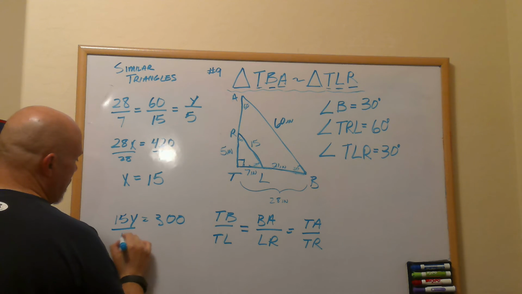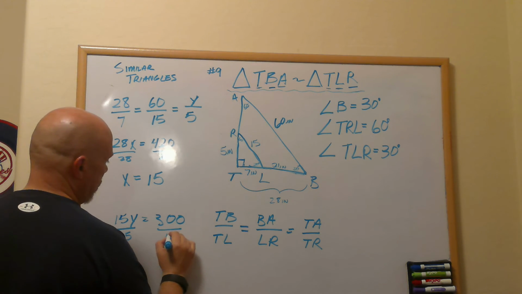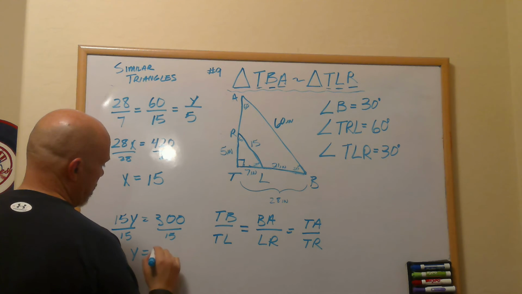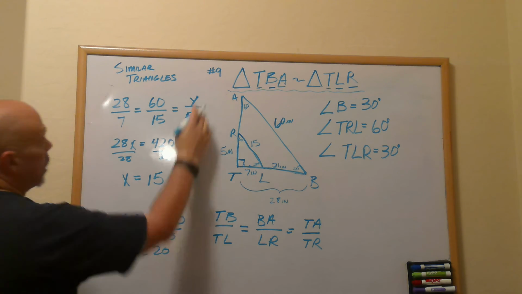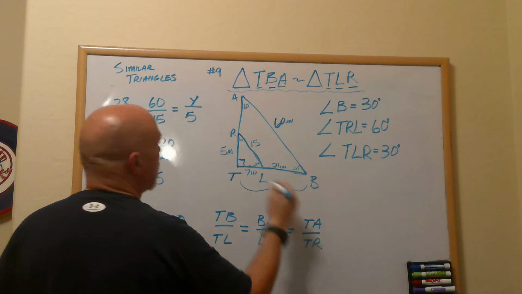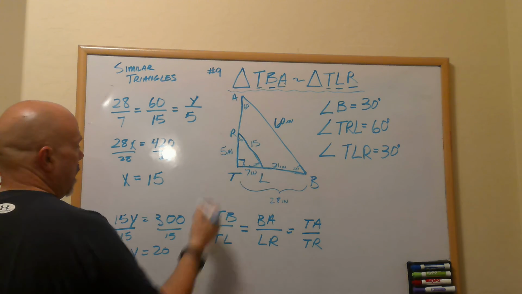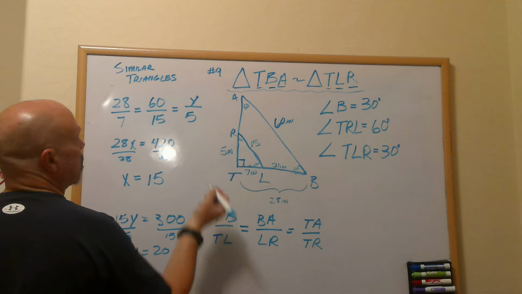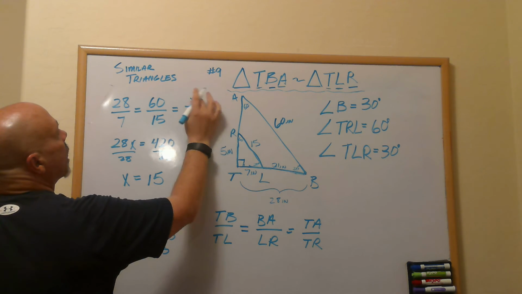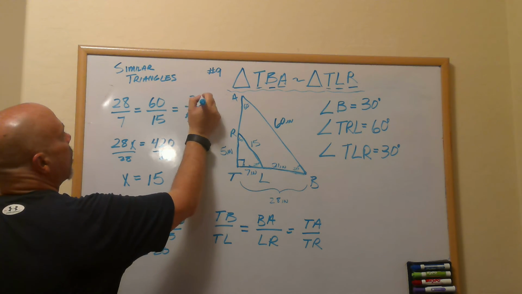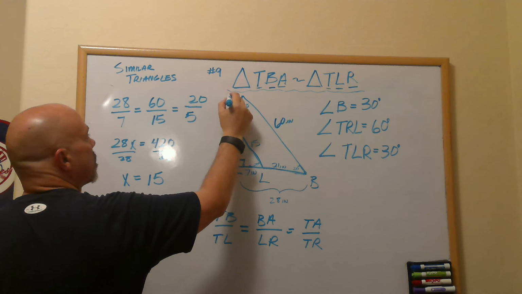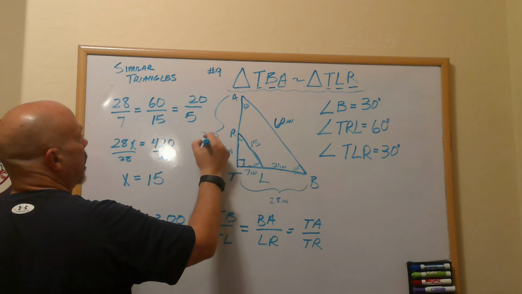I'm going to divide both sides by 15, and I get y is equal to 20. So line segment TA, all the way across the larger triangle, is 20 units. I can erase the y and replace it with a 20. So this whole length right here is 20.